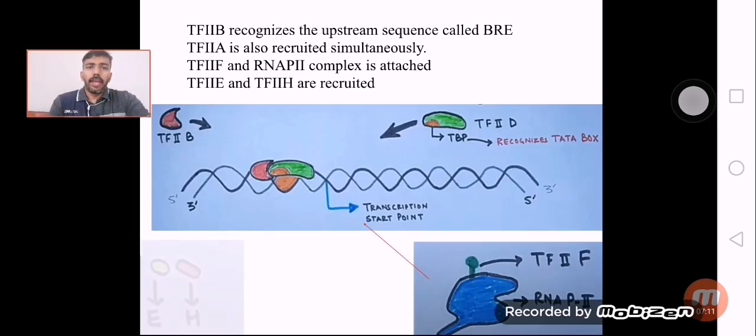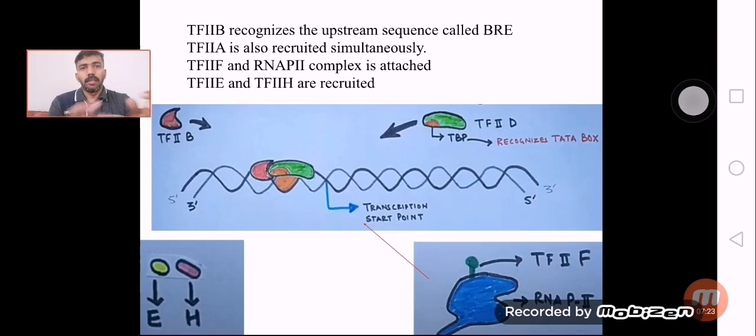Now the next factors: once all these factors like TATA binding protein, TF2B, then the Pol F complex is formed, we are moving into the last phase of the complex attachment. That is, E will be coming to the complex next, and E will facilitate the binding of the next factor, TF2H, which is a significant molecule for the initiation process, right?